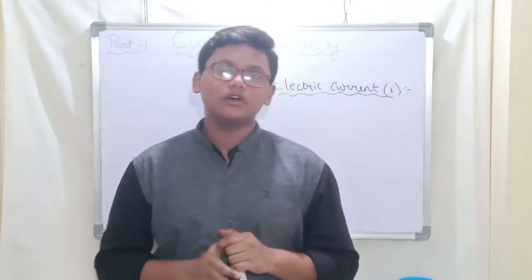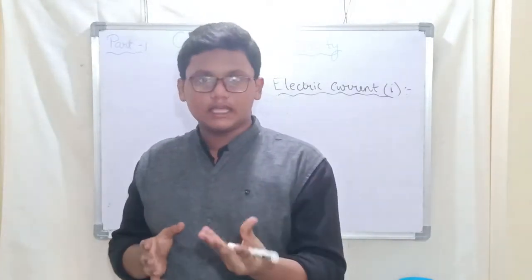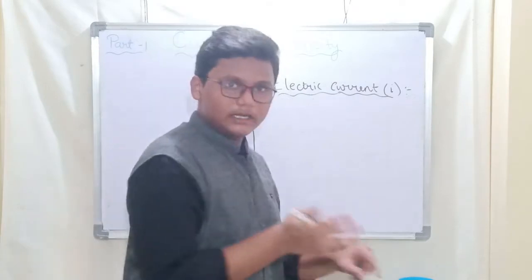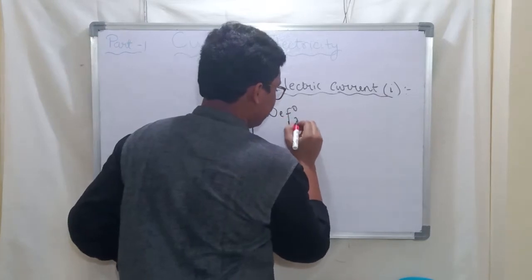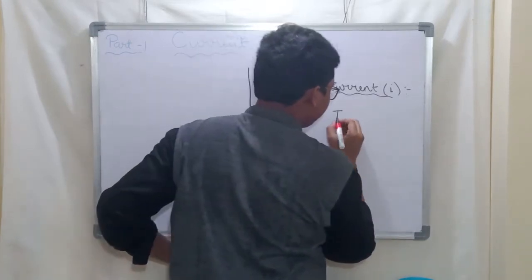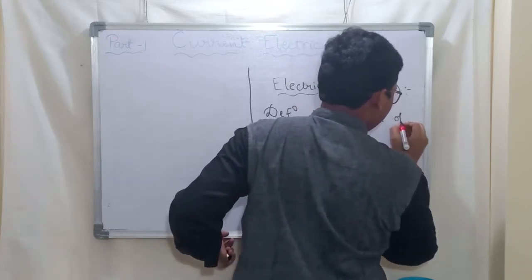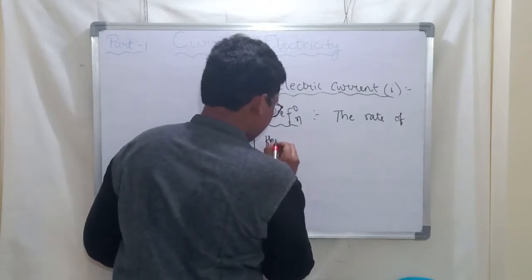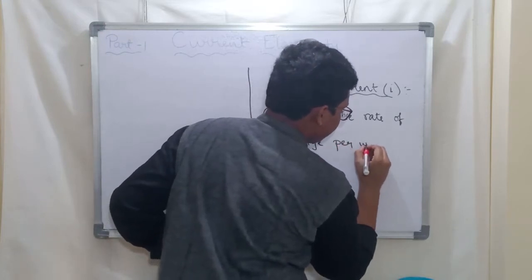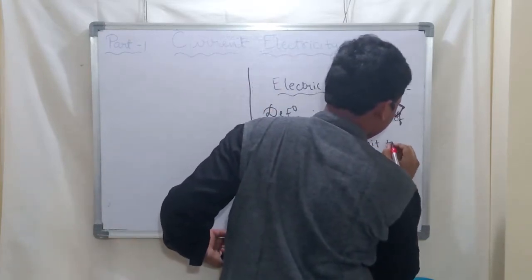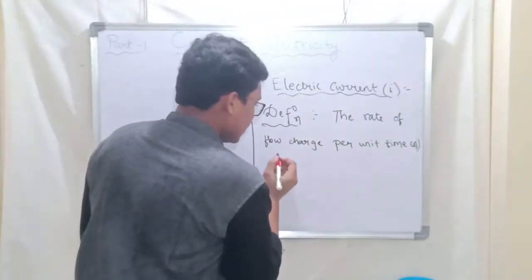Electric current is the rate of flow of charge. It means that there is charge in that. I will explain in detail, first I will write the definition. The rate of flow of charge per unit time, or the rate of flow of charged particles.